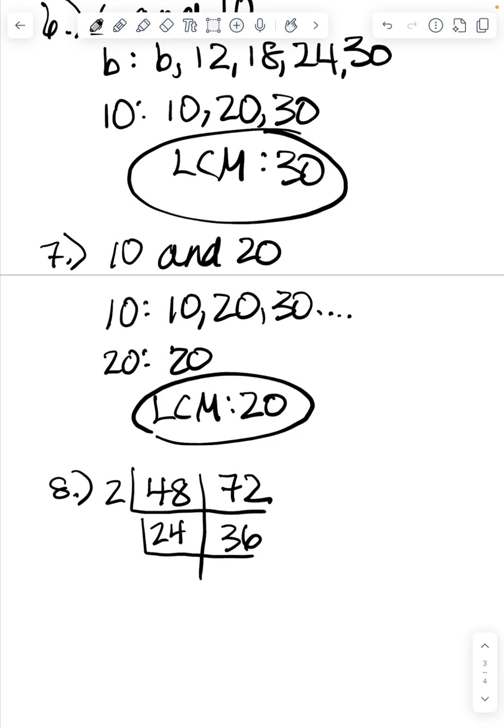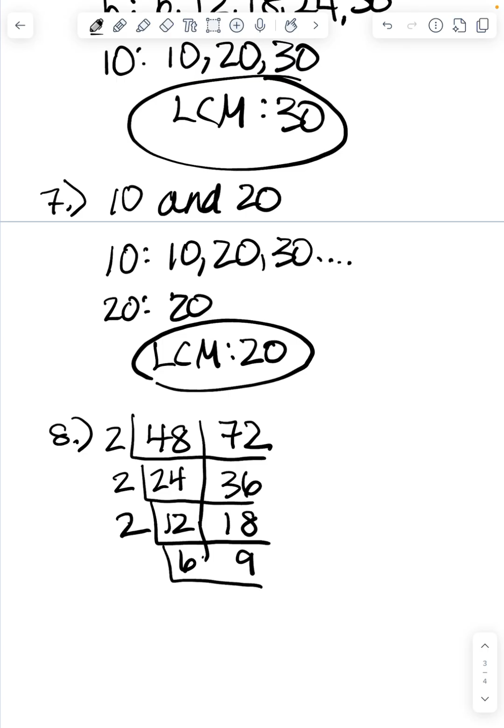That's going to leave me with 12 and 18. Then we can do it again. That's going to leave me with 6 and 9. And then here I'm going to have to bump up to 3. So that's going to leave me with 2 and 3.